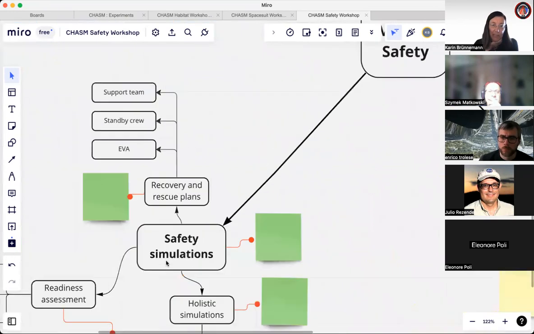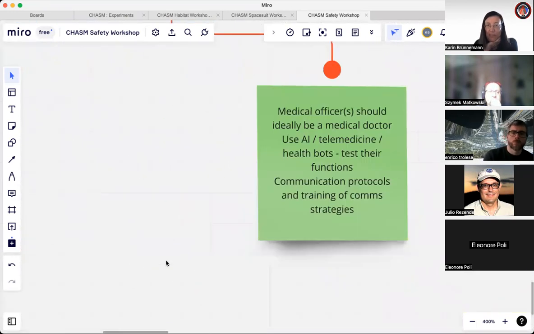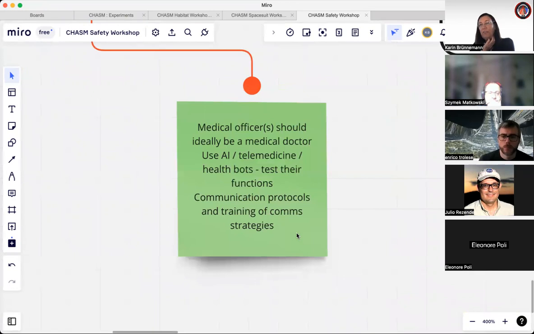We have safety simulations, communication protocols and training of communication strategies. That also, of course, relates back to personal safety, to the communication topics we have been discussing, etc.